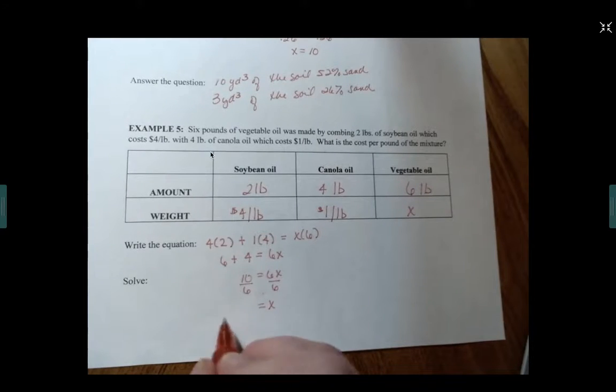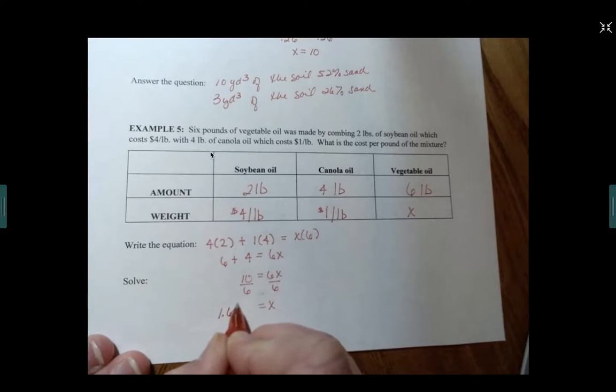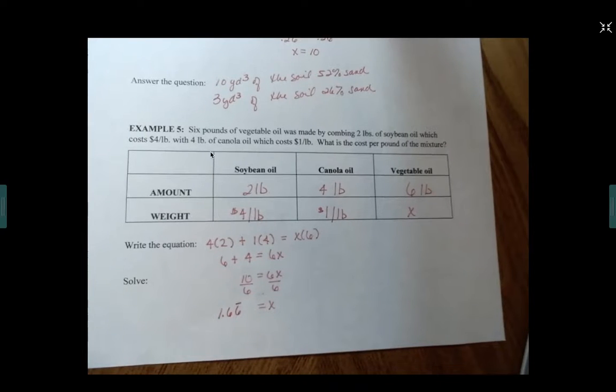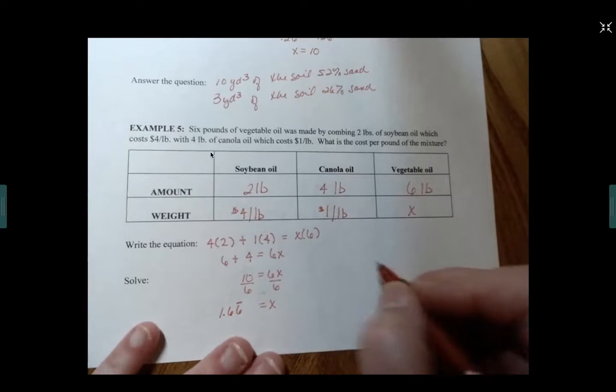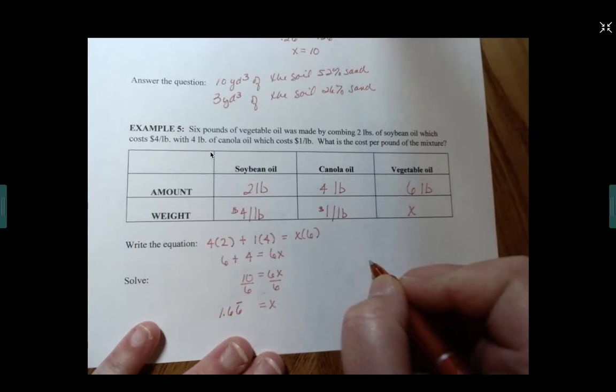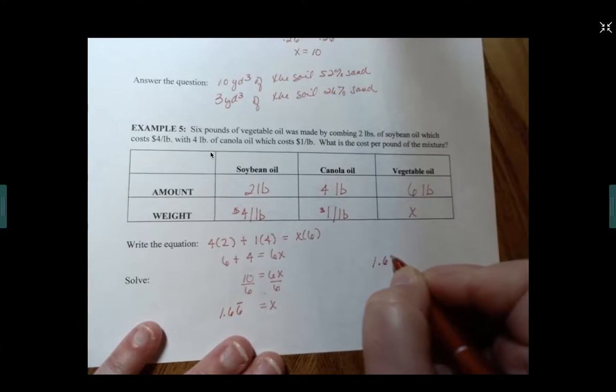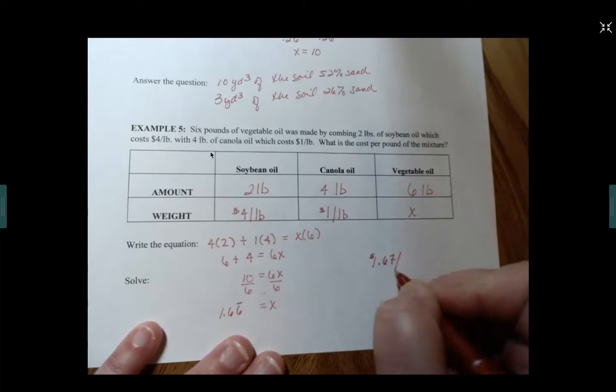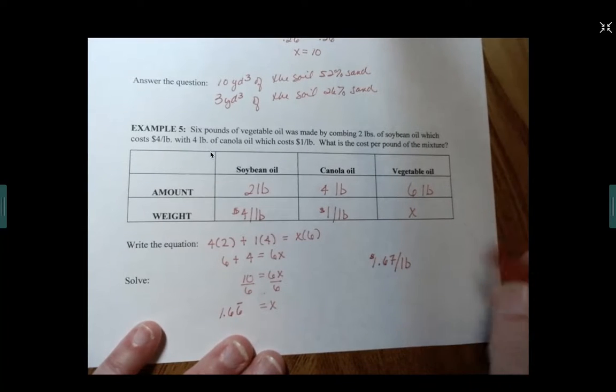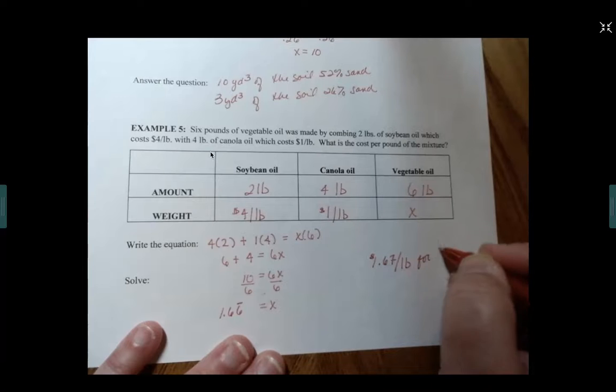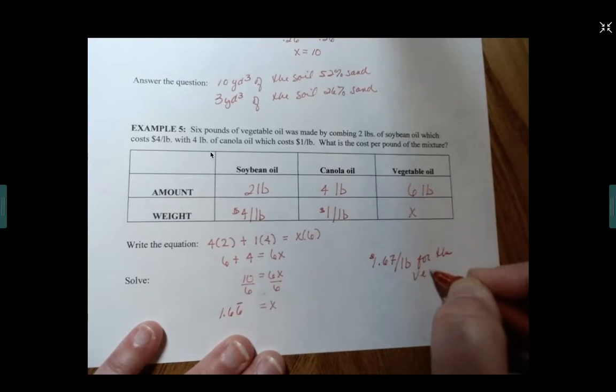So we get 1.66 repeating. Again, we're talking money here. So how would we answer that question? You've got to make sure you answer the question. So following the rounding rules, you would say $1.67 per pound for the vegetable oil.